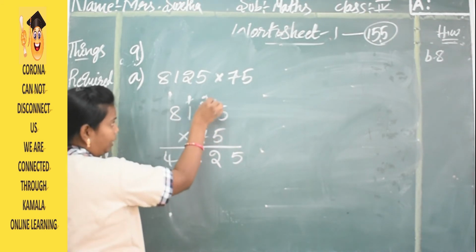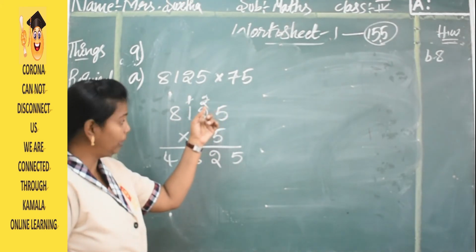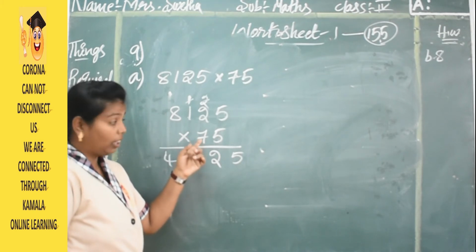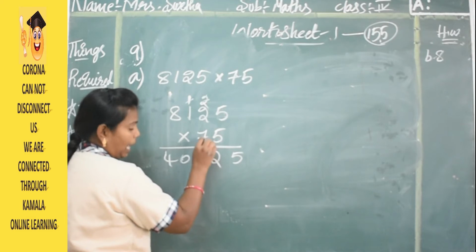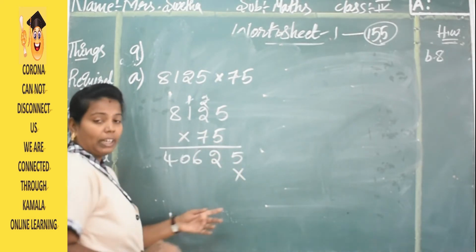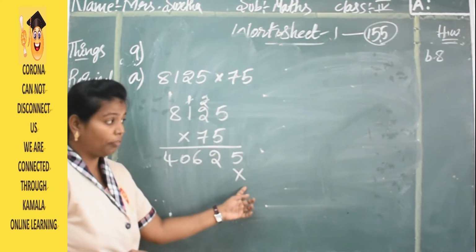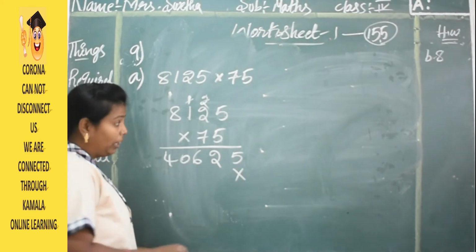After adding, if you strike off the carried number, it will be clear. As you are starting at the tens place, we don't want the ones place, so we will strike it off and fill it with a 0.